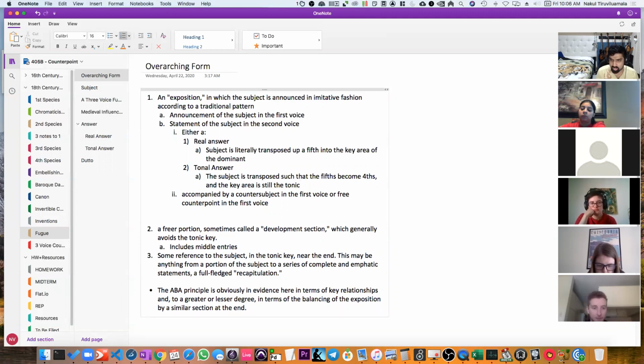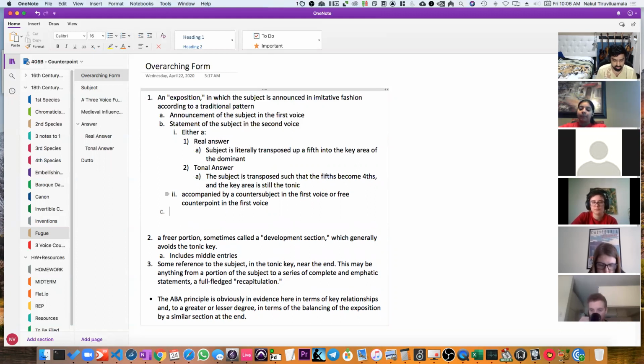And I'll explain a little bit more of that. That's a confusing aspect, but it's really not that bad. It might just take a second to sink in. Okay, so this is the breakdown so far, and then after that we have the bridge.